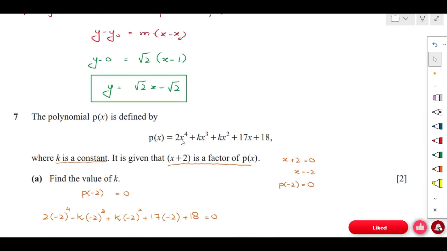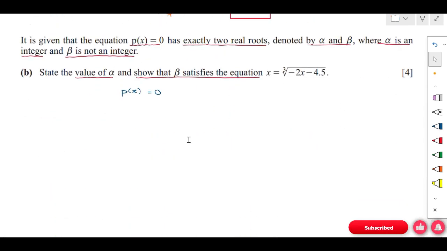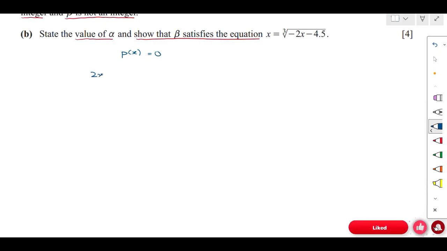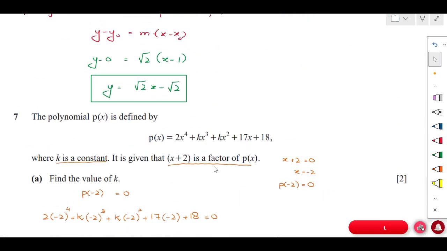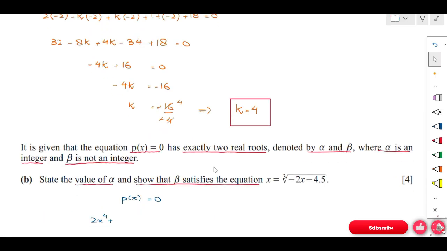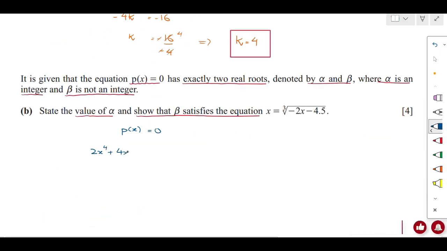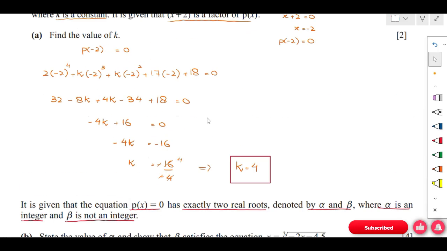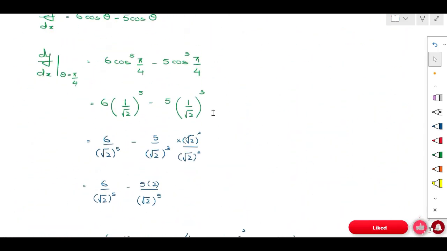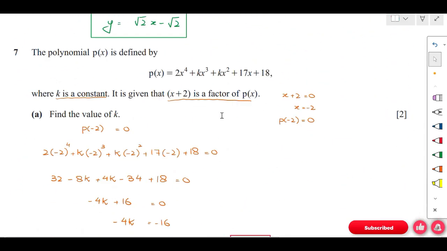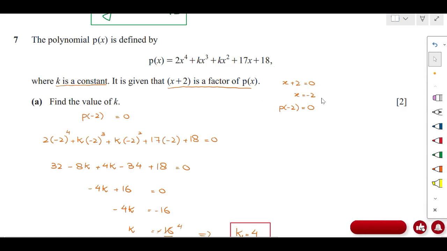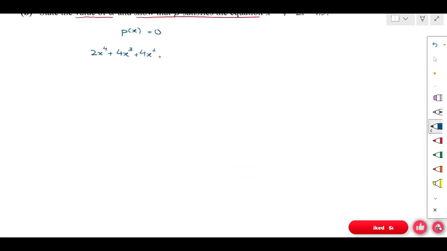What is the polynomial? p of x is 2x to the power 4 plus kx cubed plus kx squared, where the k value is 4, so 4x cubed plus 4x squared, plus 17x plus 18, that is equal to 0.